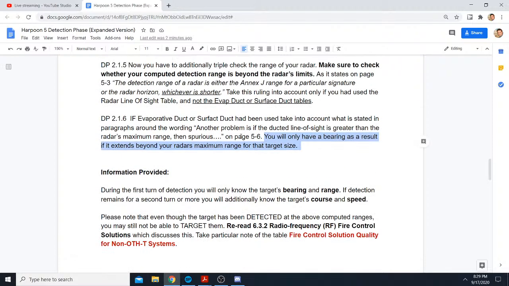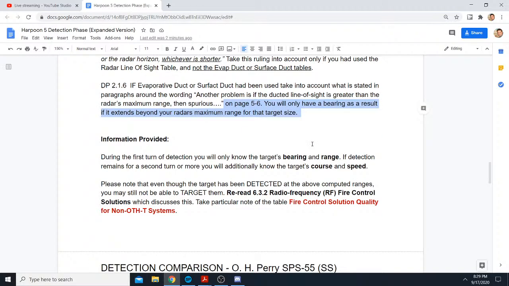Now, what it doesn't necessarily get into is whether if you further track the target, that information gets better or not, because overall the information provided for the first turn of detection, you'll know the target's bearing and range. Okay. If the detection remains for a second turn or more, you end up knowing the course and speed. Okay.